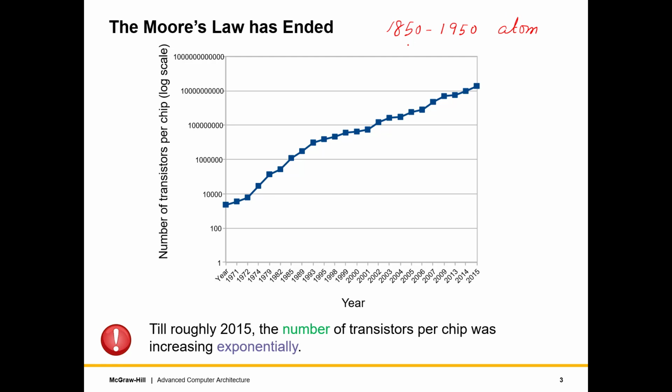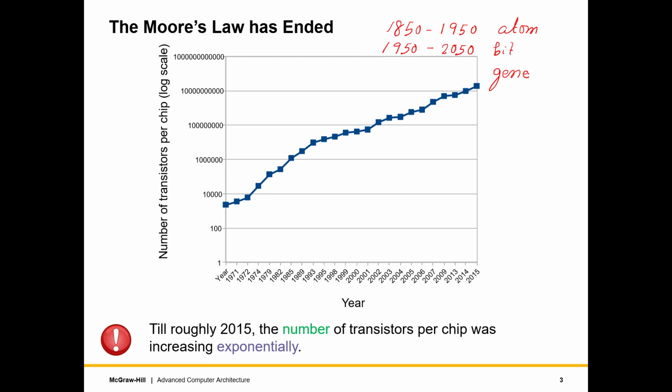From 1950 to hopefully the next 100 years will be the era of the bit. And after that, people say, will be the era of the gene, where a lot of what we are doing will be taken over by biology. But we are not there yet, and I can't see that far into the future.